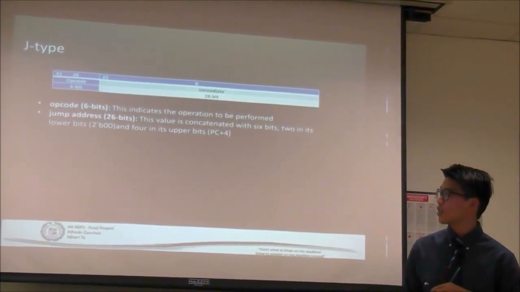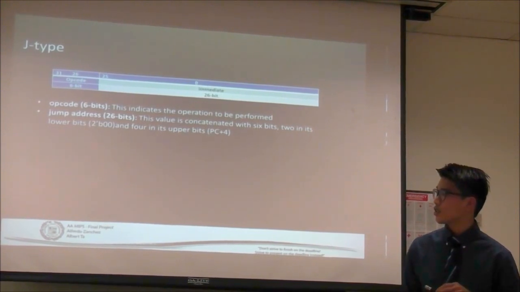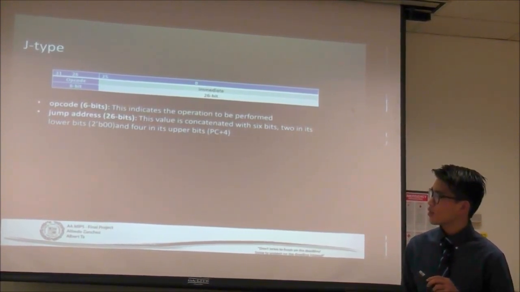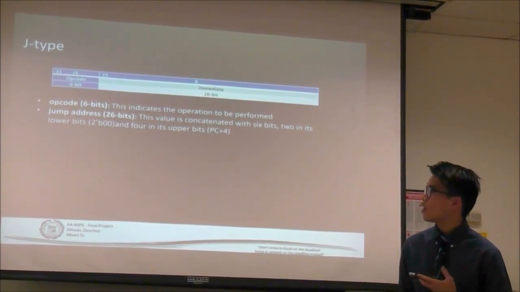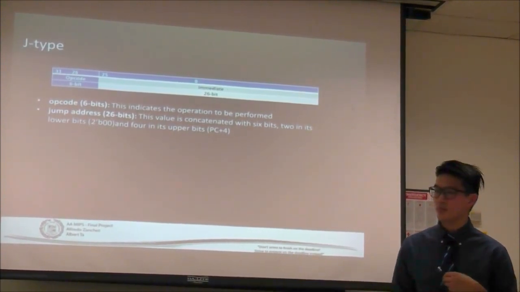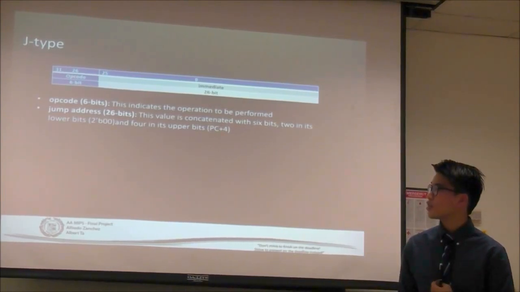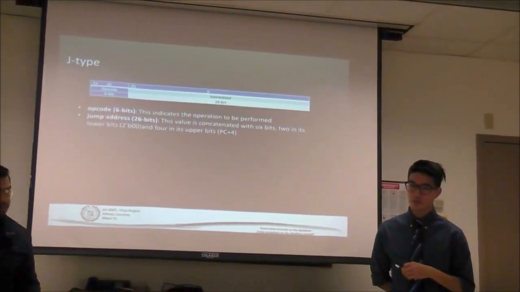And then our last type is the J-type instruction. The first 6 bits will be our opcode, and following will be the 26-bit immediate value telling which address to jump to.